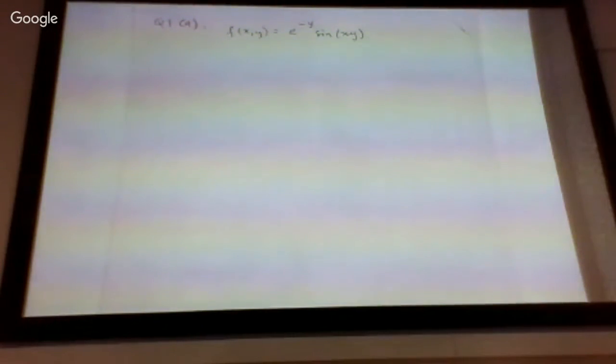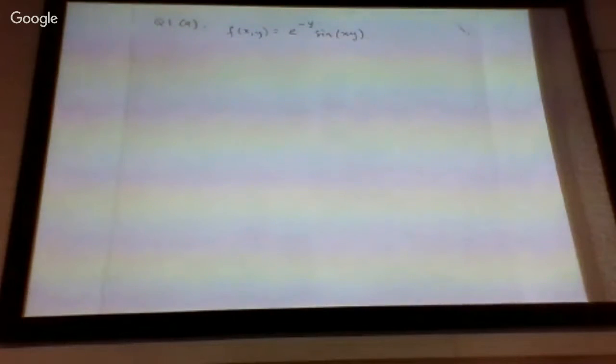The question is, show how to obtain the partial derivatives, and there's 4 listed there: 2 first-order ones, the second-order one, d2f dx squared, and the mixed second-order one, d2f dx dy, using the principles of partial differentiation and standard differentiation results. So this is a question for you to demonstrate your basic understanding of the partial differentiation operation.